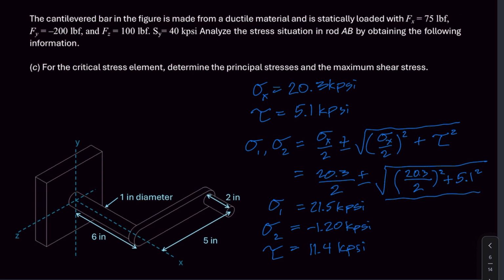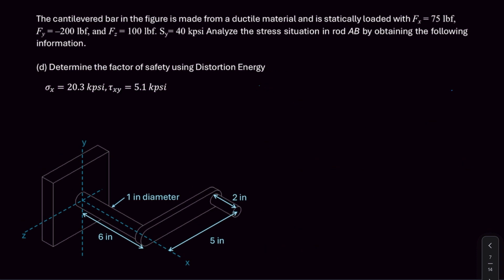So now we have our principal stresses, and now we need to understand, is this part going to fail here? So to do that, we can use distortion energy theory and calculate the von Mises stress. To calculate our von Mises stress, sigma prime is going to be equal to sigma x squared minus sigma x times sigma y plus sigma y squared plus 3 tau xy squared, all to the 1/2 power, or you could put that all under a square root.